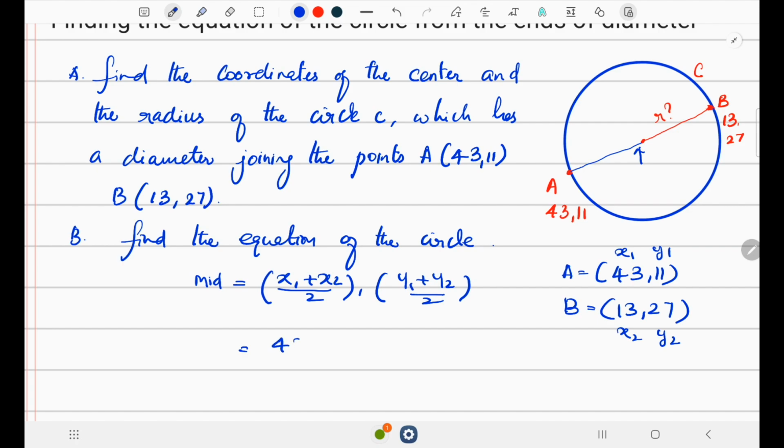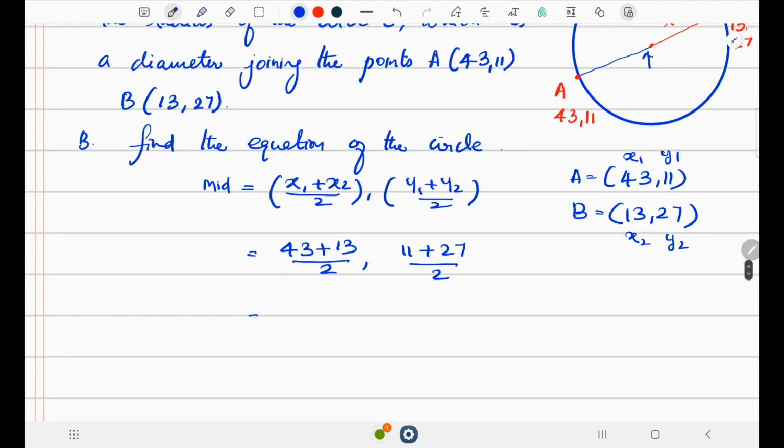x1 plus x2 is 43 plus 13, divided by 2, comma, y1 plus y2 is 11 plus 27, divided by 2.